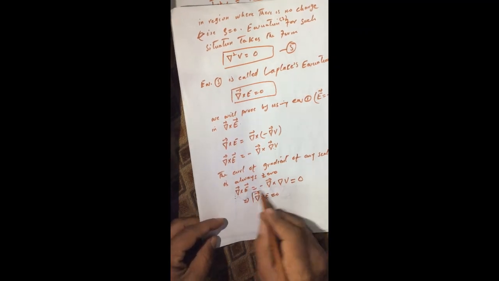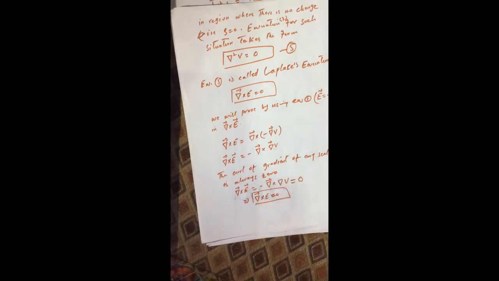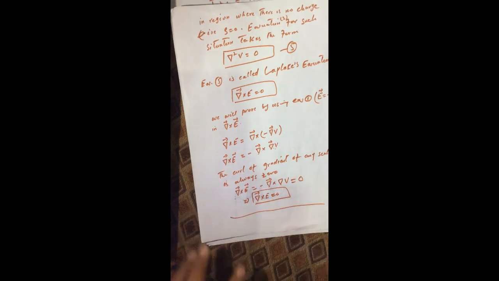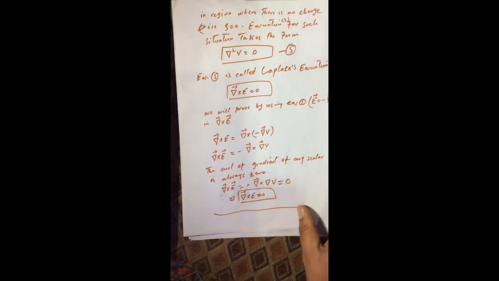So we proved this again by using the fact that electric field is the negative gradient of potential. So I will stop my video here, and I will proceed in the next video. Thank you.